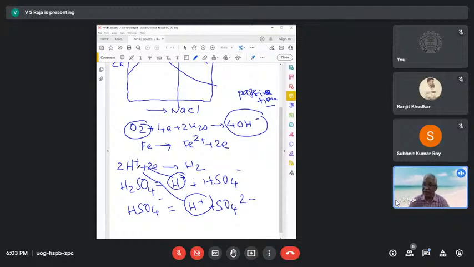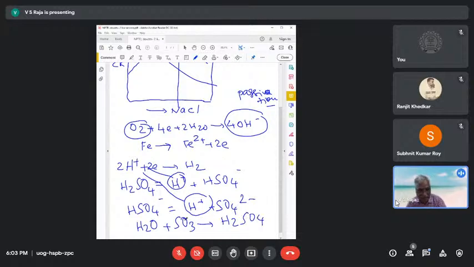Now, what happens when the sulfuric acid concentration is increasing? How do you increase sulfuric acid concentration? You take water, and to water you add SO3. It forms H2SO4. Please look at this.